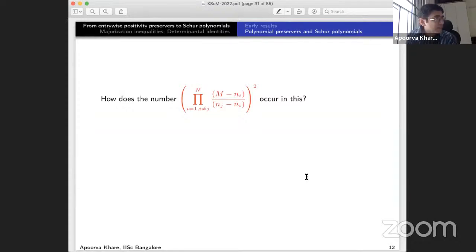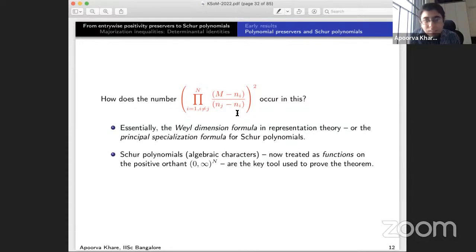So to lead to the key player in all of this, Schur polynomials, let me tell you how this red quantity occurs. It's the square of some quantity, and that quantity turns out to arise from a Schur polynomial, in the sense of representation theory.